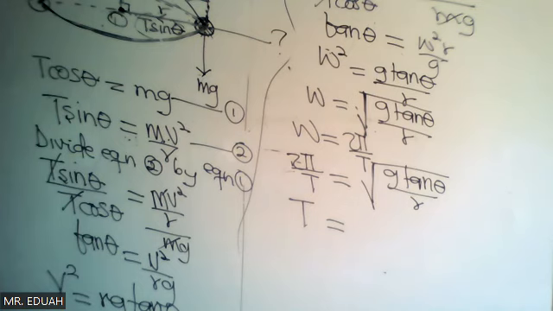Is that true? Tell me. I got 4 pi T is equal to 4 pi squared times R on g tan theta.